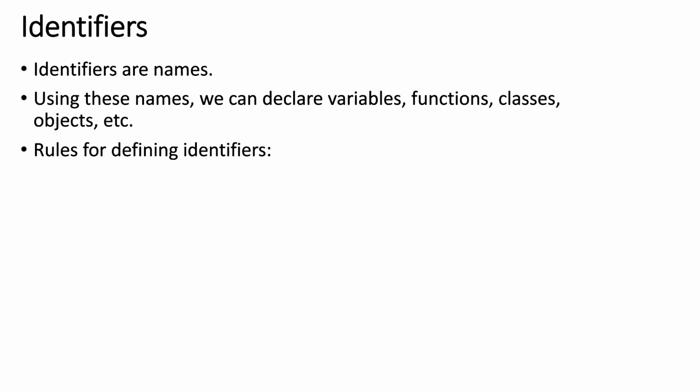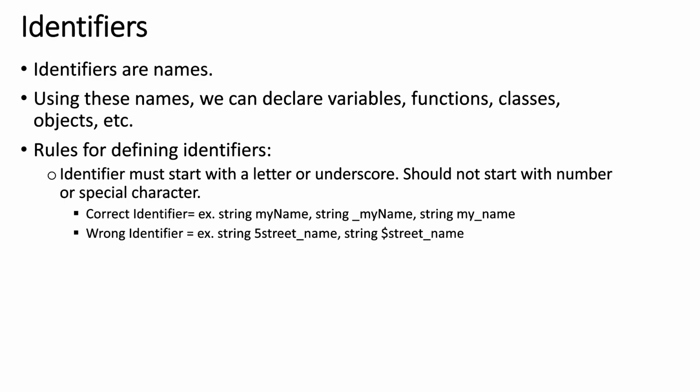There are some rules for declaring these identifiers. The first rule is that an identifier must start with a letter or underscore. It should not start with a special character or number. I have given two examples.